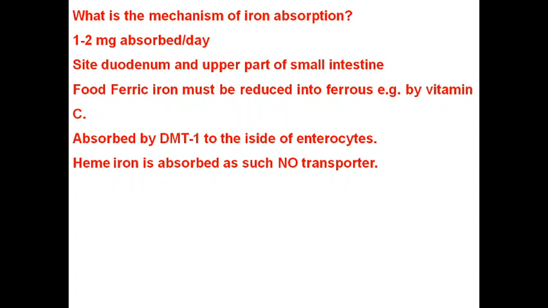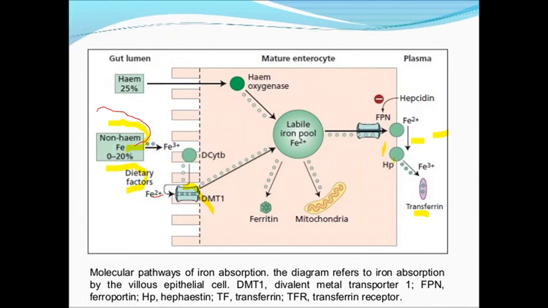Iron is absorbed into the enterocytes with the help of a transporter termed the divalent metal transporter 1, which carries ferrous iron. When iron in the food is in the ferric form, it has to be reduced first by means of the HCl of the stomach or by the help of vitamin C to be transformed into the ferrous form.